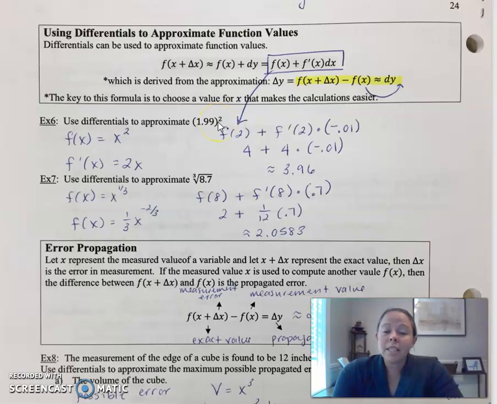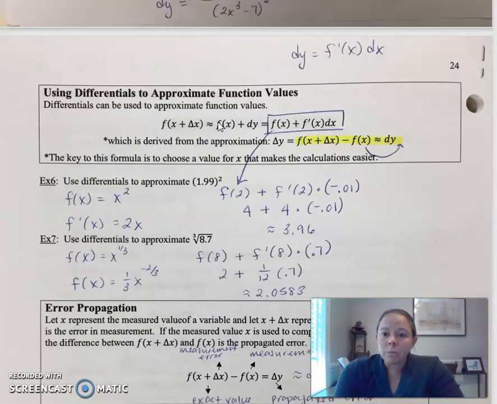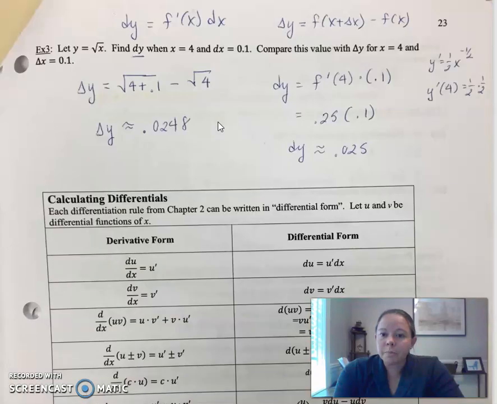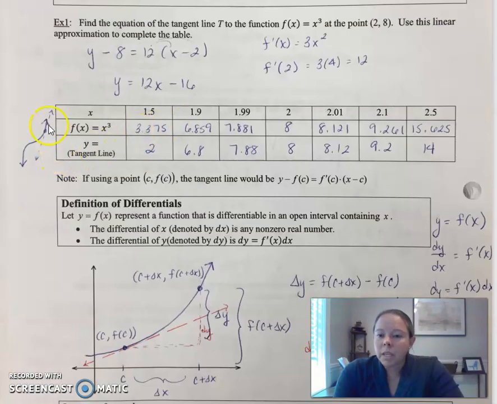The whole idea is, let me go back up here so you have a visual, you're starting with this point that you know, and we're staying along that line to get an approximation. We're definitely going off of the curve, but we're staying along that tangent line to get an approximation.